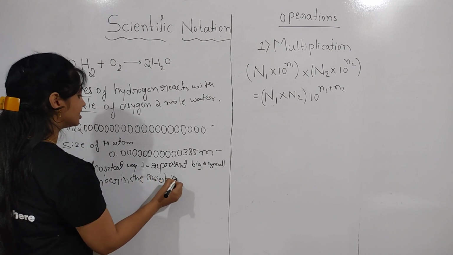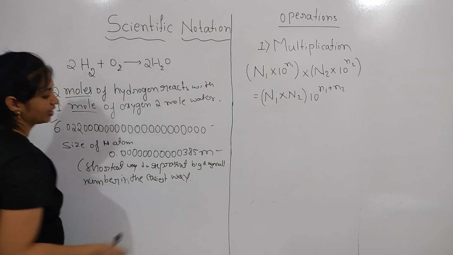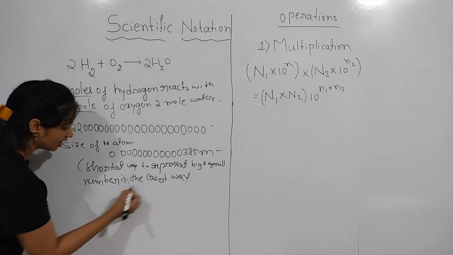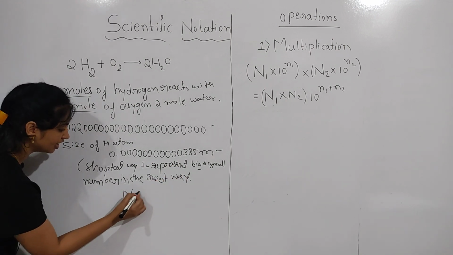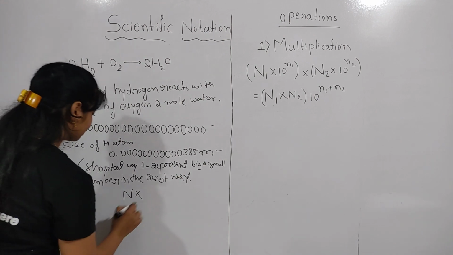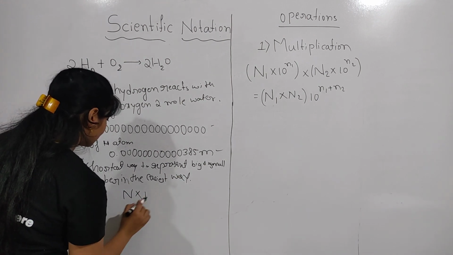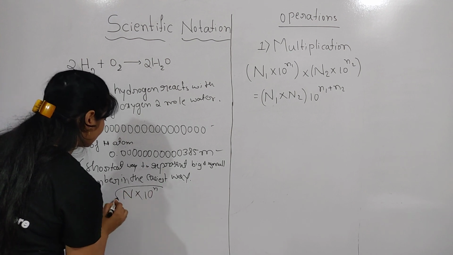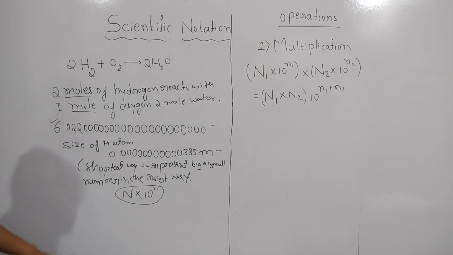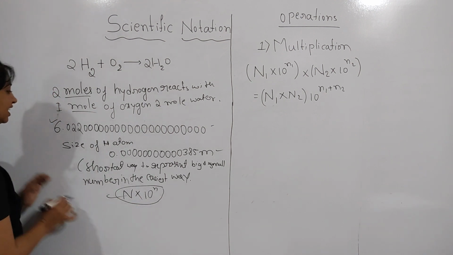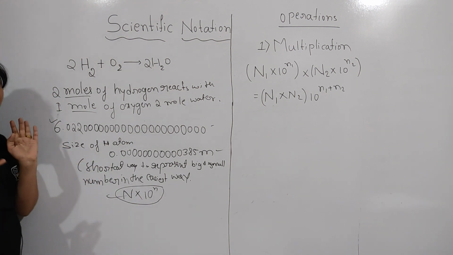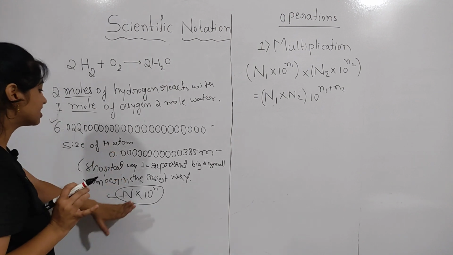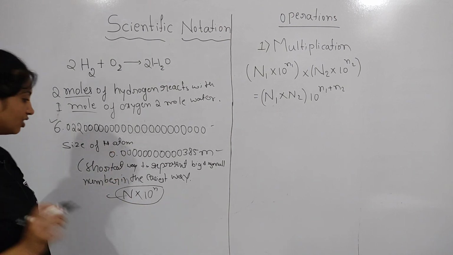That is in the form of N into 10 raised to n. In this form we write these big numbers and small numbers. This is called scientific notation.